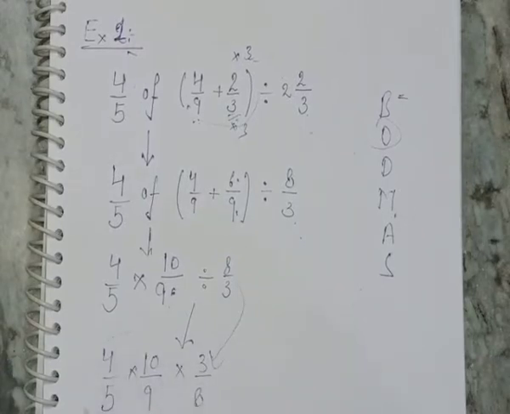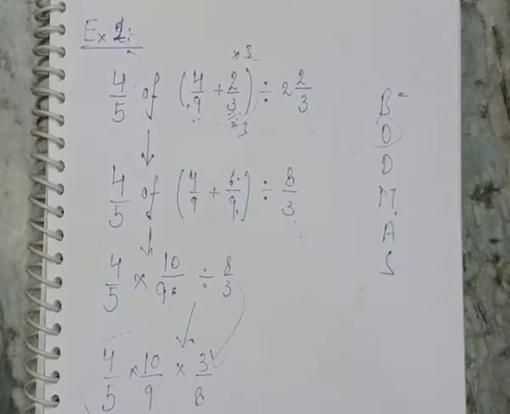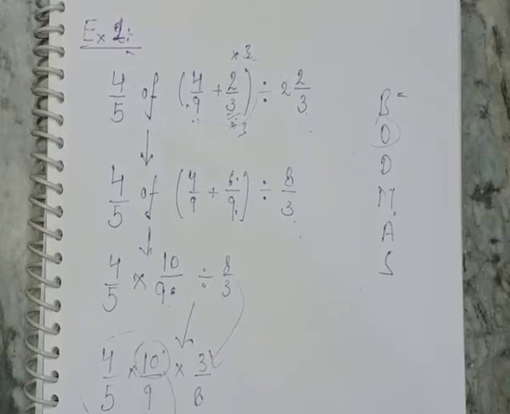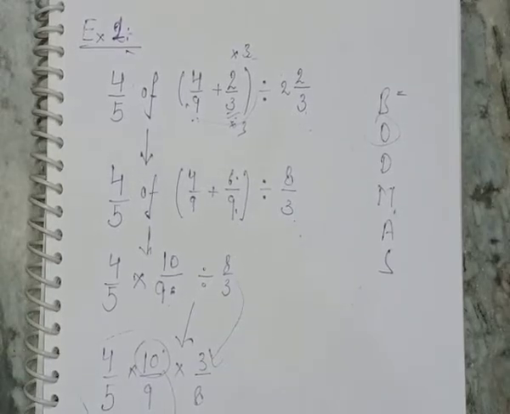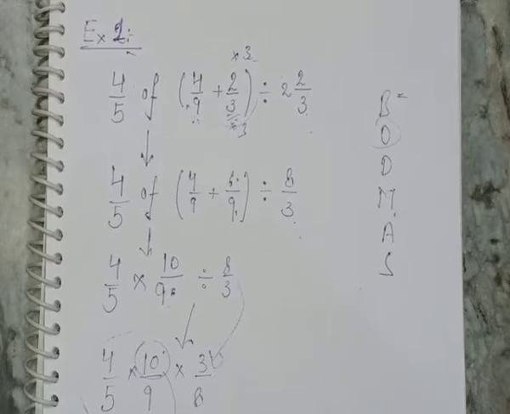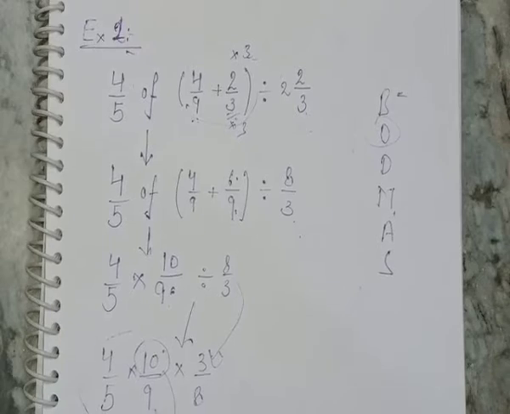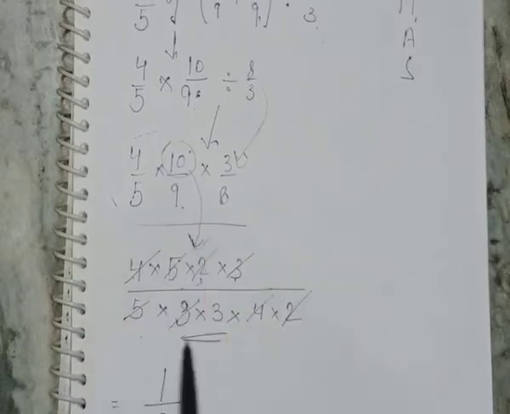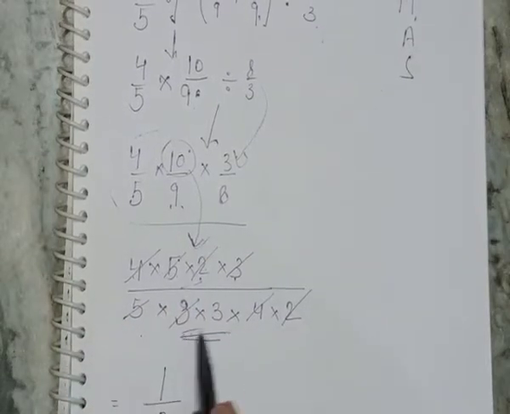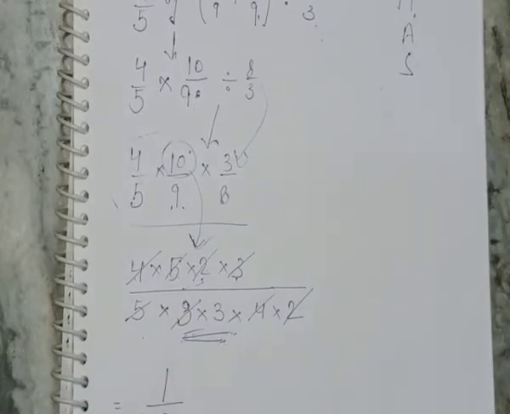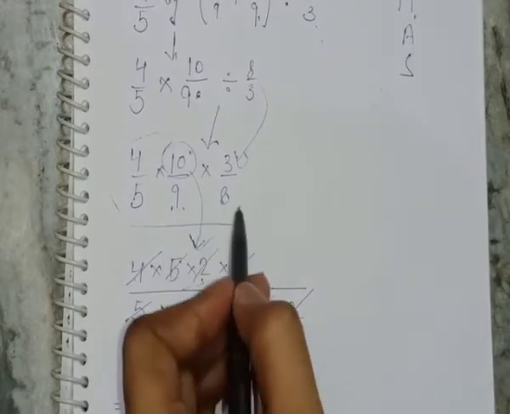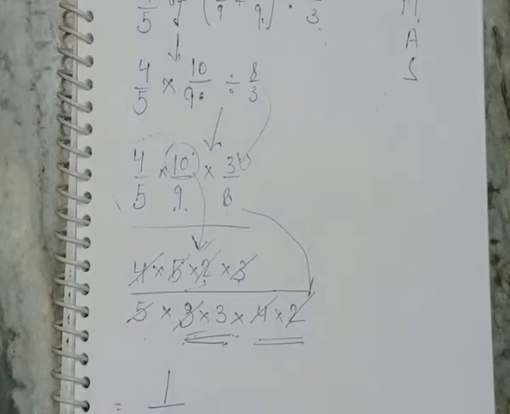Now all the terms are in multiplication, so we can solve it like 4 into 5 into 2. We write this 10 as 5 multiplied by 2, then multiply by 3, then 5. 9 can be written as 3 multiplied by 3, and 8 can be written as 4 multiplied by 2.